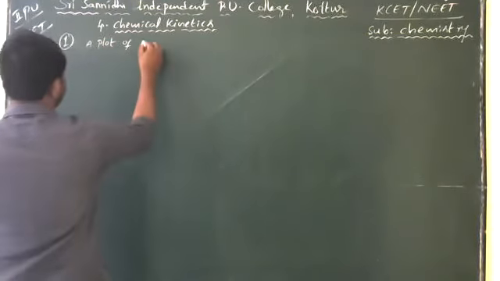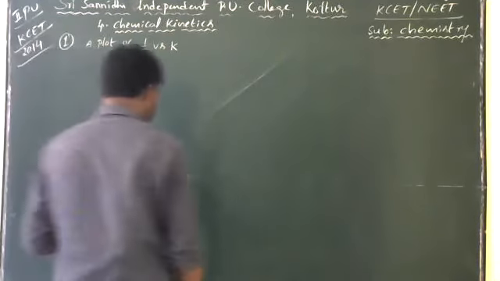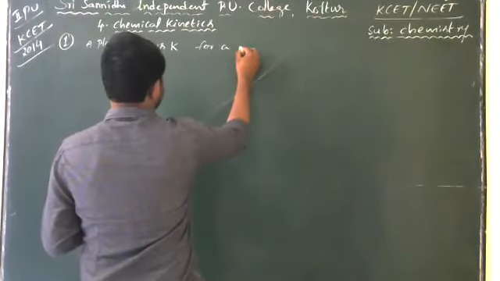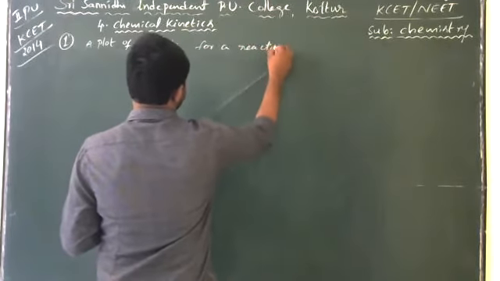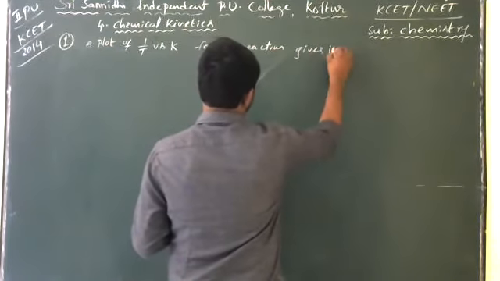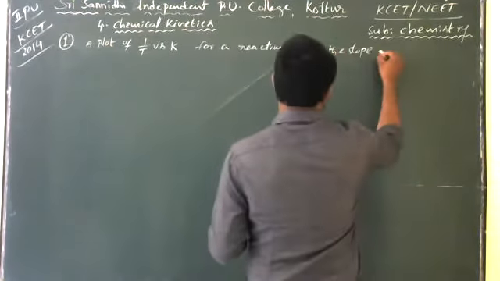A plot of 1 by T versus k, the rate constant, for a reaction gives the slope. How much is it?